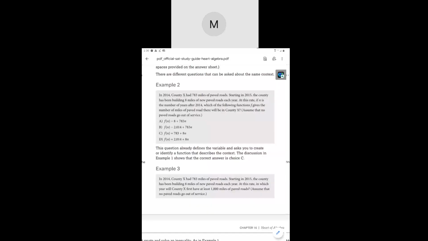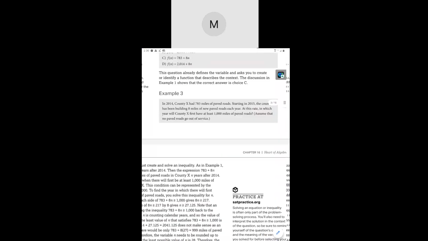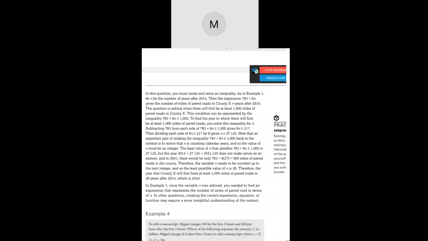So let's just double check that. And that makes sense. So again, it's 27.125, and we can add it to our original amount of years. Again, we cannot have decimals in years, so technically we're saying that it is in 2042 that this would happen.